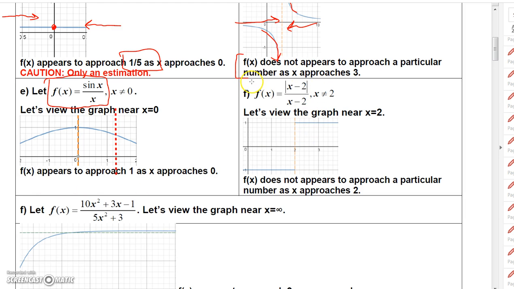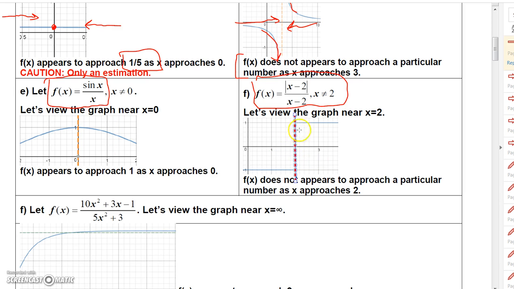Okay, now here's another graph. This is the absolute value of x minus 2, all divided by x minus 2. I'm going to view this one near x equals 2. x equals 2 would be right there.